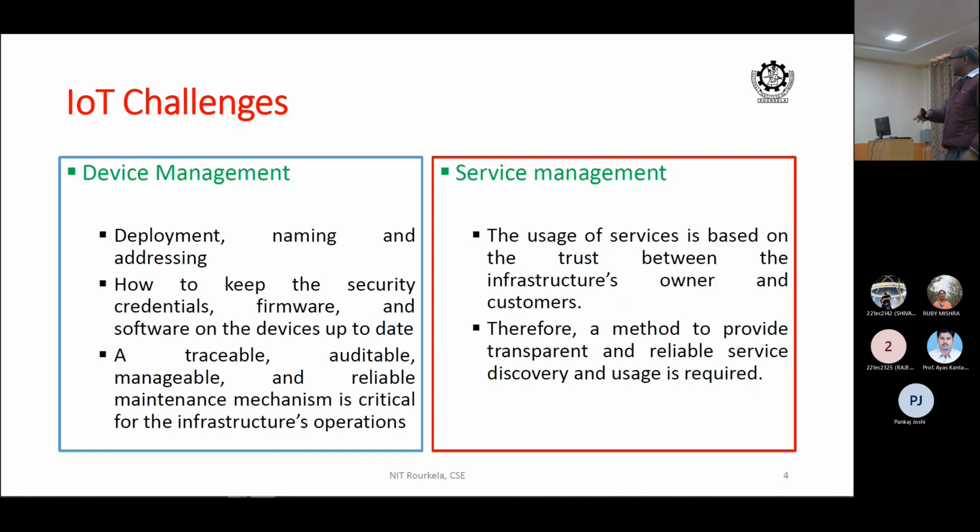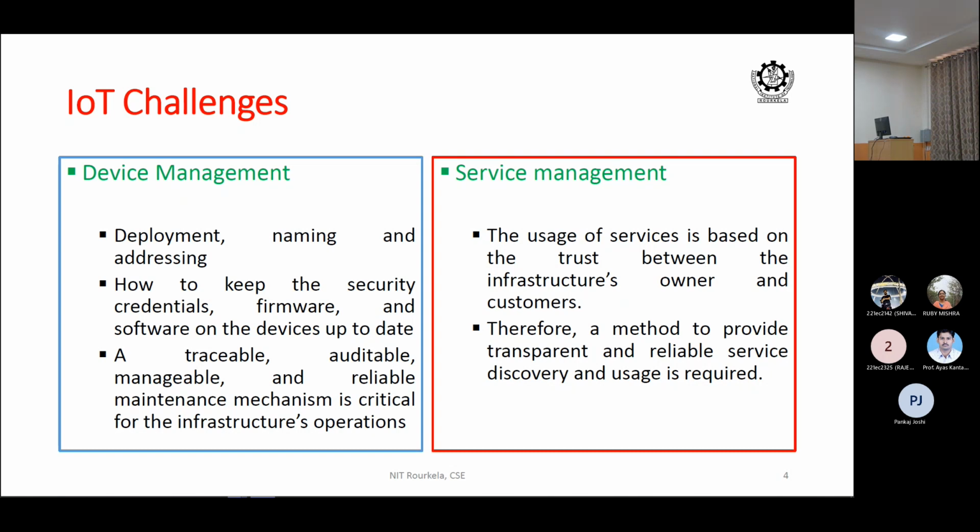So the usage of services is to be based on the trust between the owner of the infrastructure and the customer. There is a trust relationship built between the customer and the service provider. Now, we look at how this trust can be built using blockchain.